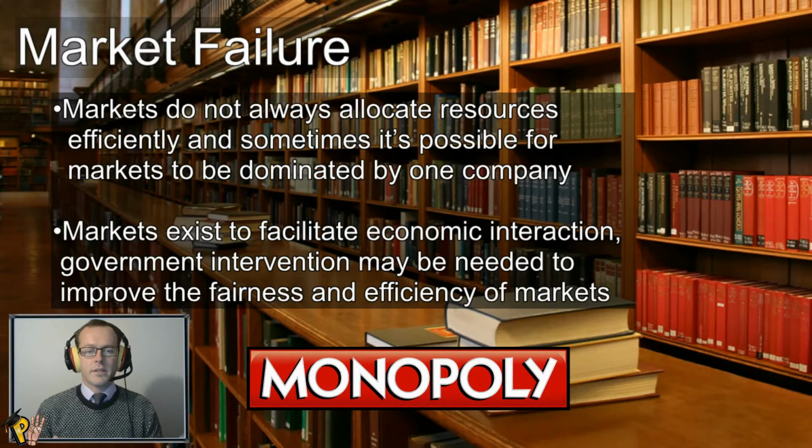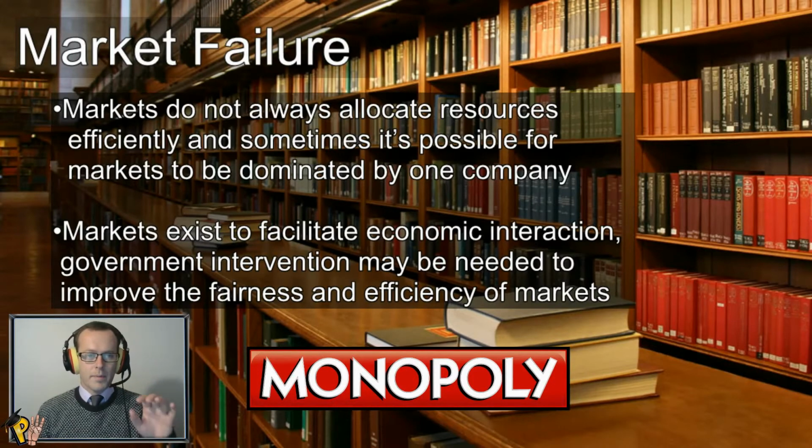Now, in a marketplace, if this happens, and there is one company that is so big that it is in control of everything, and it's able to buy out other companies, what happens is eventually they are able to control the price of the goods in the marketplace.